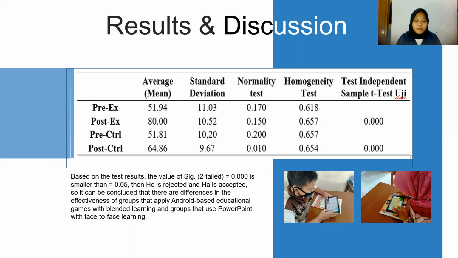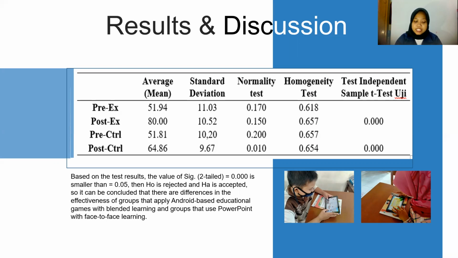And next, the homogeneity test was used to determine whether the two groups in the study had the same variance or not. Based on the result of testing, the value of significance based on the mean is 0.618, greater than 0.05.